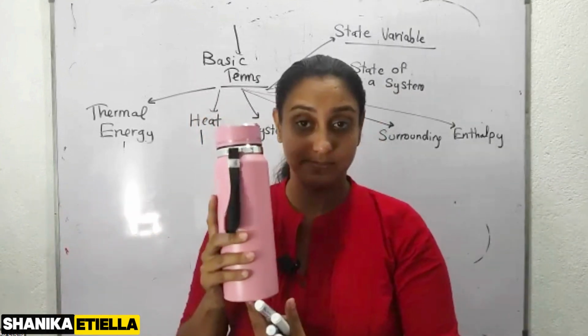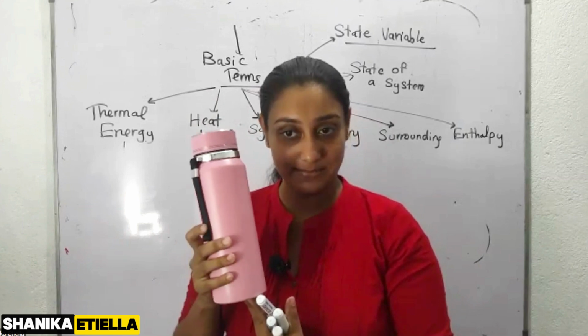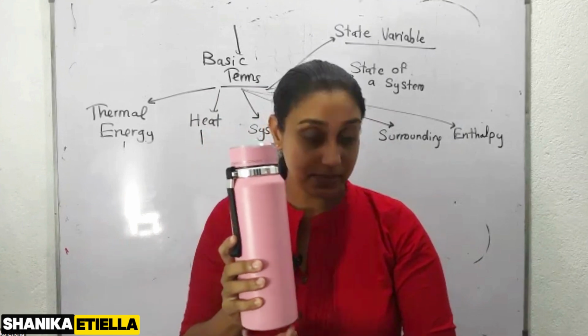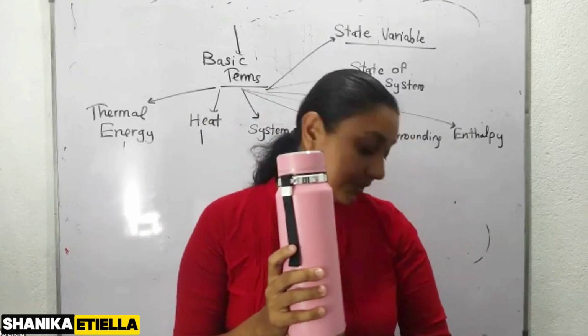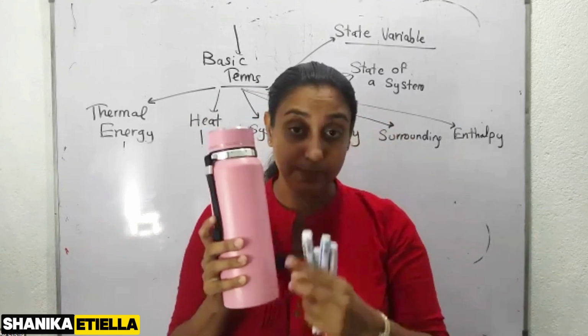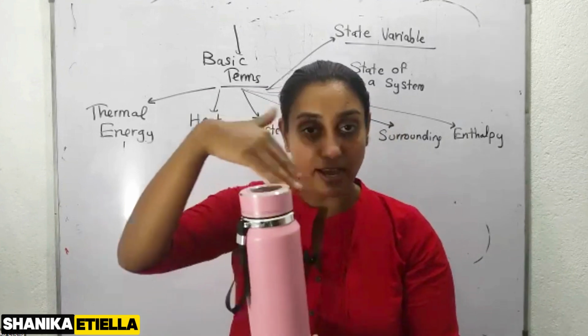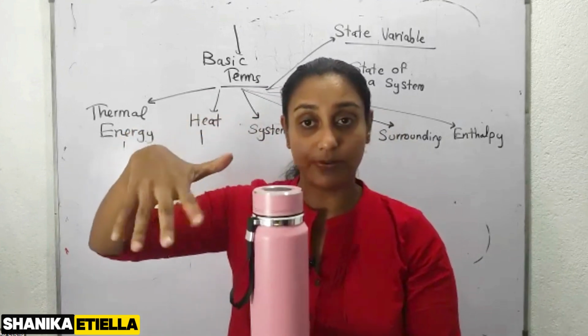This is a system. This is my system, right? It's any portion of matter which is separated from the surrounding. Around the system, everything I can feel, I can touch, is surrounding.